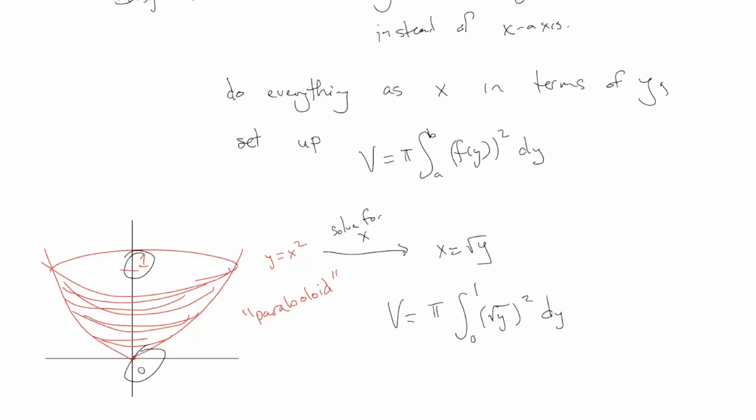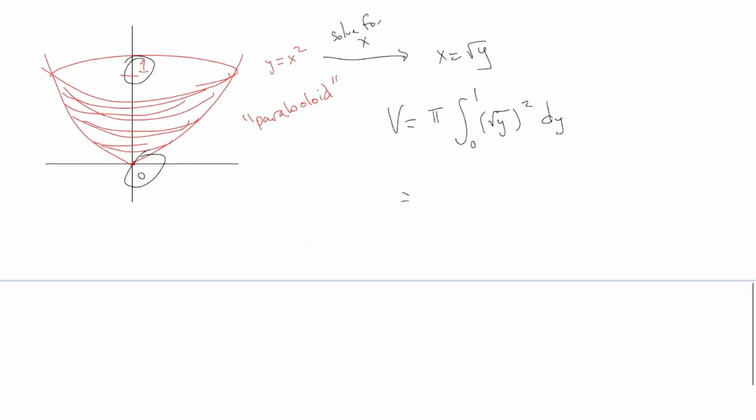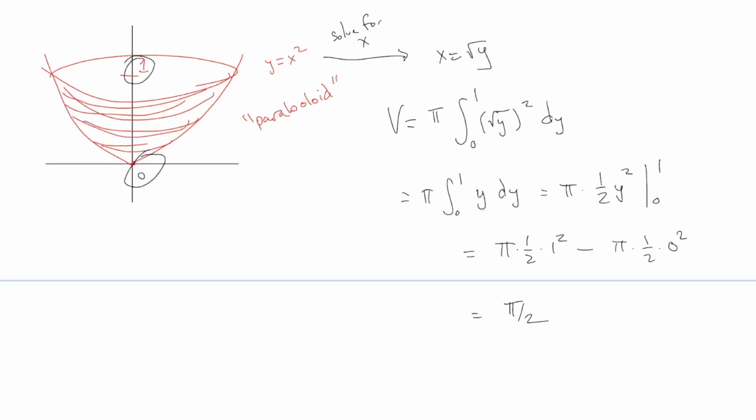Again, the root cancels with the squared, so all it says is the integral from 0 to 1 of y dy. That, of course, is 1/2 y squared, plugging in 0 and 1. I plug in 1, I get 1/2 times 1 squared, and then minus pi, 1/2 times 0 squared. So this is just pi over 2.